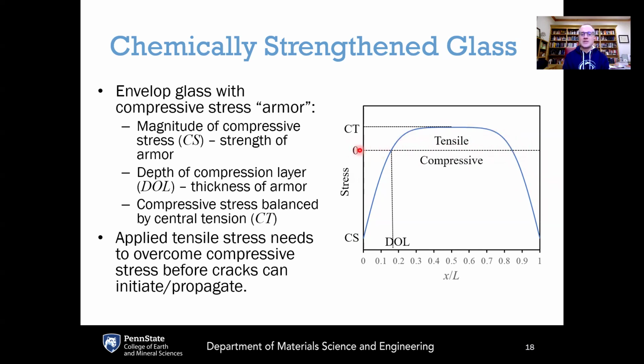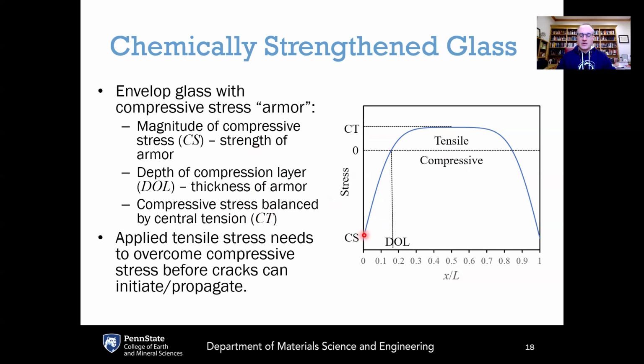That is what sets the 0 crossing point. And of course, that depends on the thickness of the glass L. The maximum amount of tensile stress that occurs in the middle of the glass is denoted by CT. The CT stands for the central tension. So the central tension is there to balance the compressive stresses.